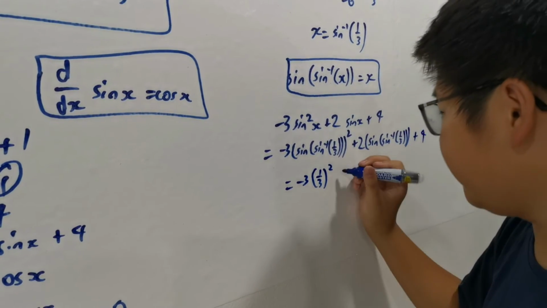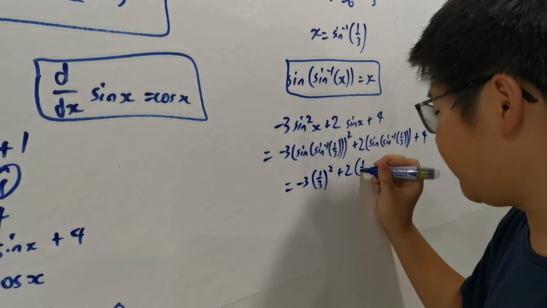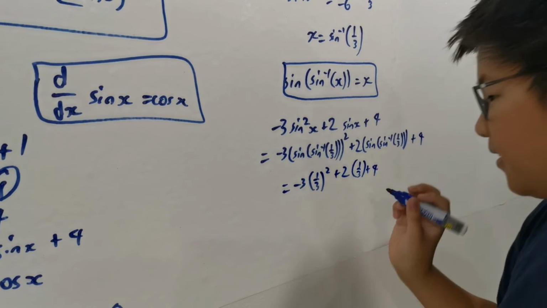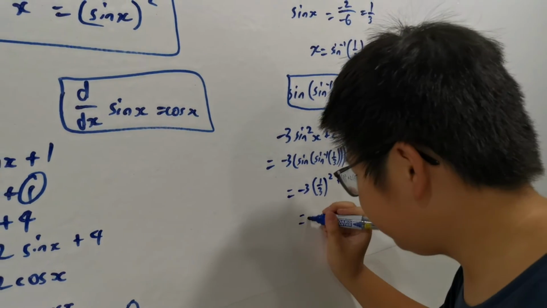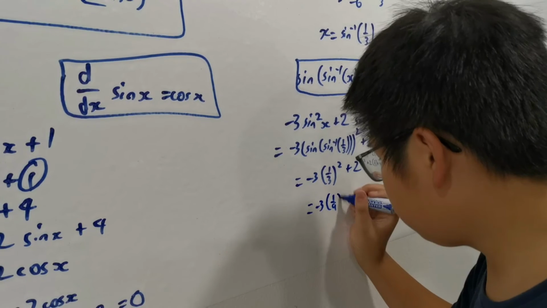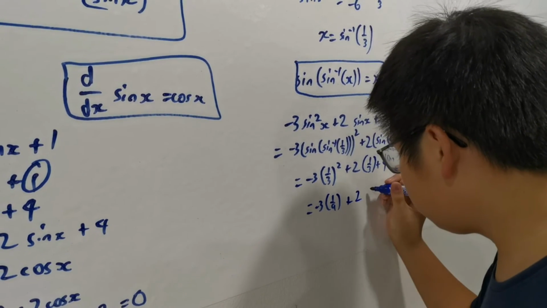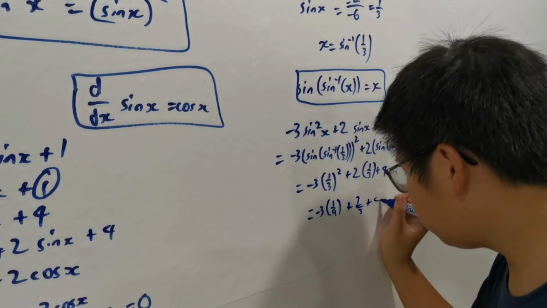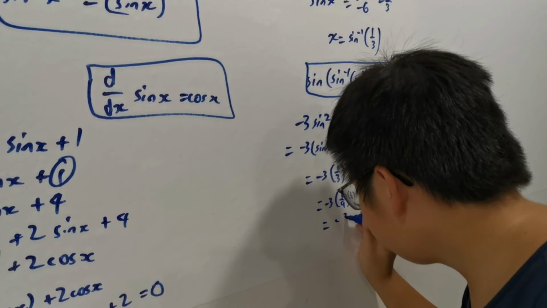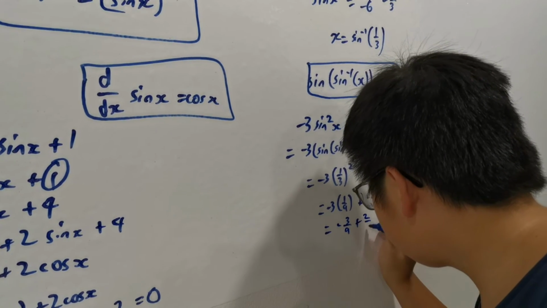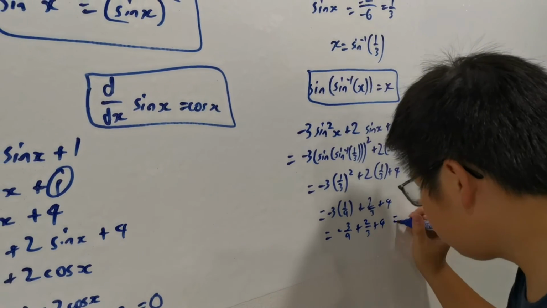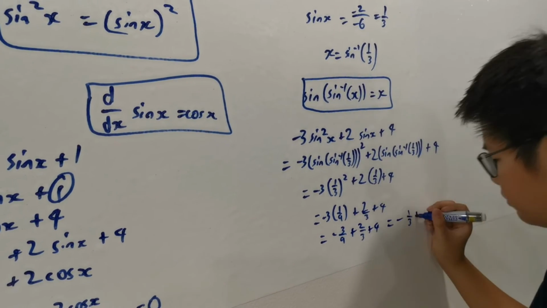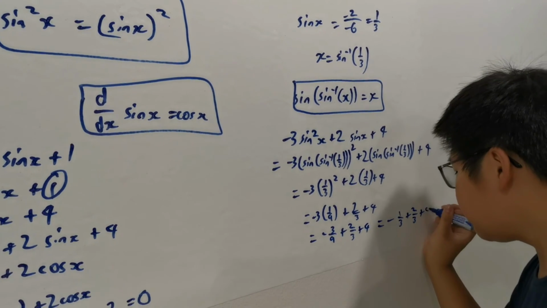Then we simplify using the identity that I just showed. Now we put the square. See what I did there?